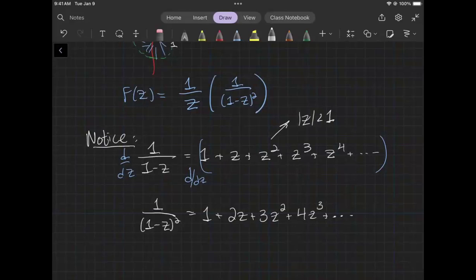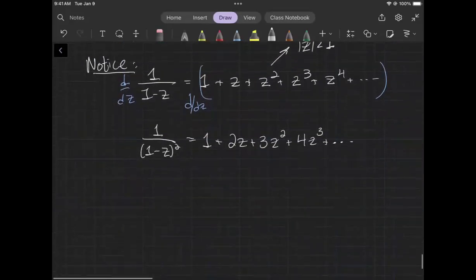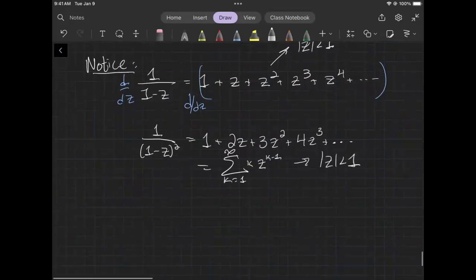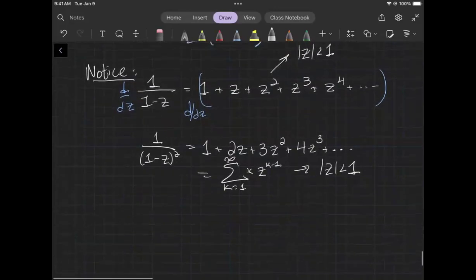So this series, the derivative in terms of the summation, we know it also converges on this set, right? So that's good.